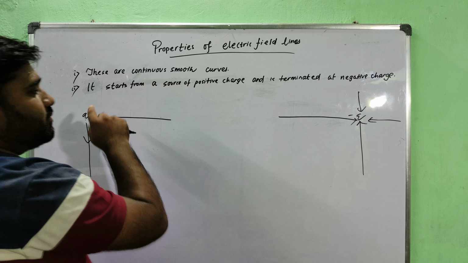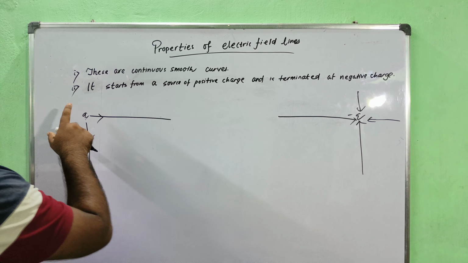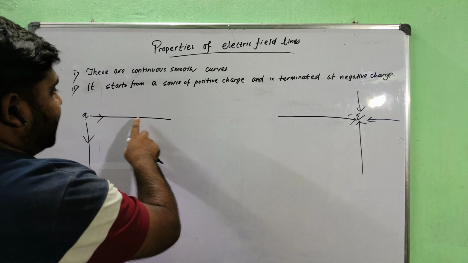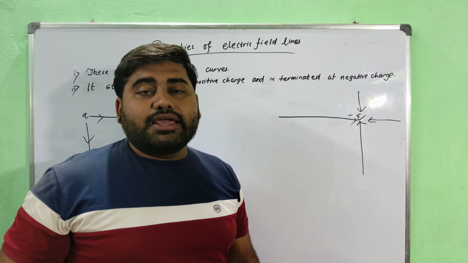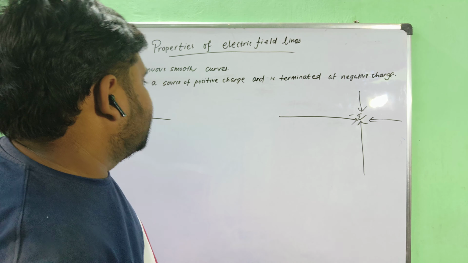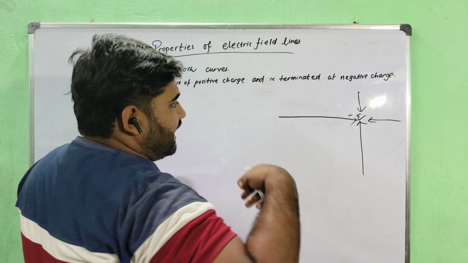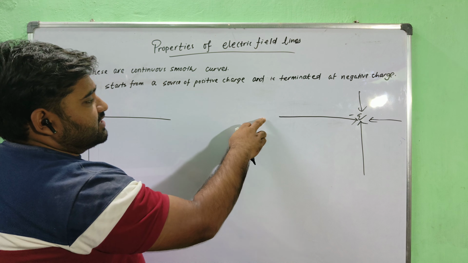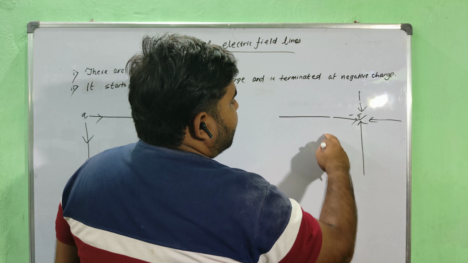So in this case you will say that it is starting from the positive charge and is ending at infinity, or it is terminating at infinity. And likewise in this case you will say the electric field lines are getting started from infinity and are terminating at this point.